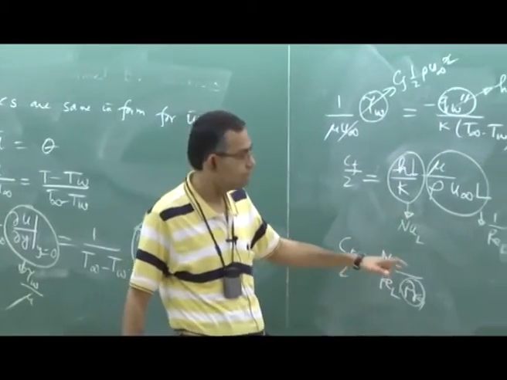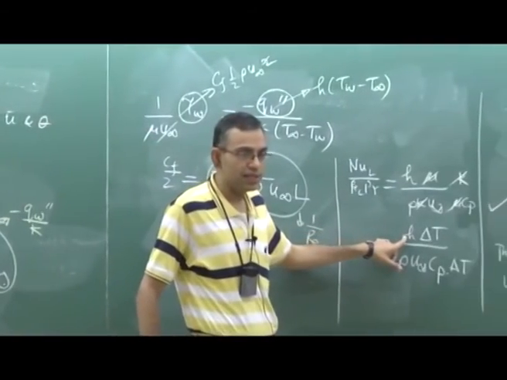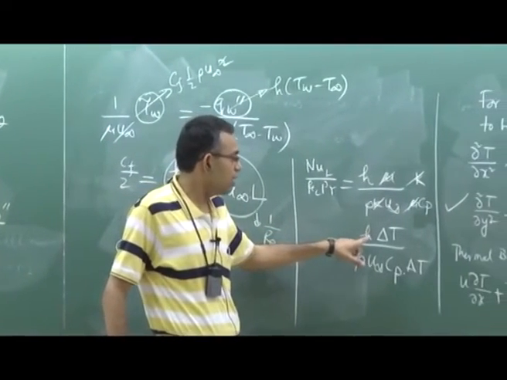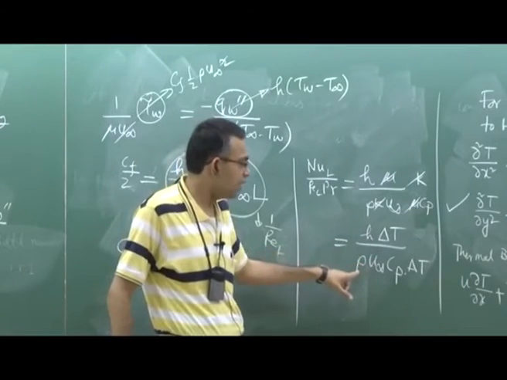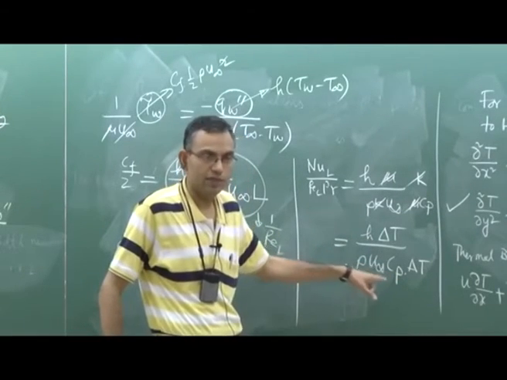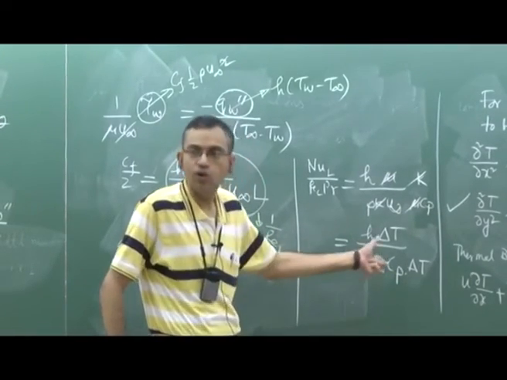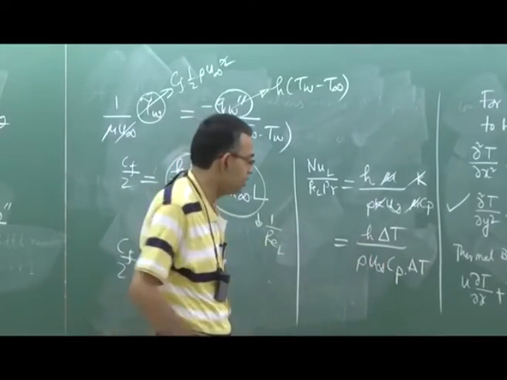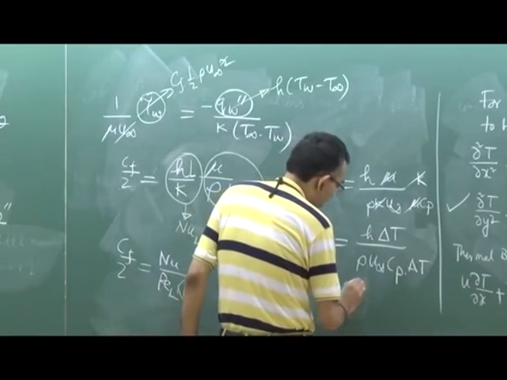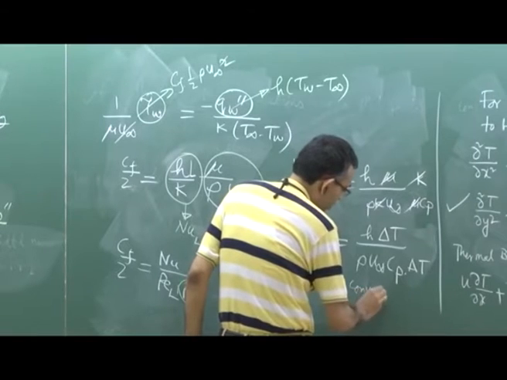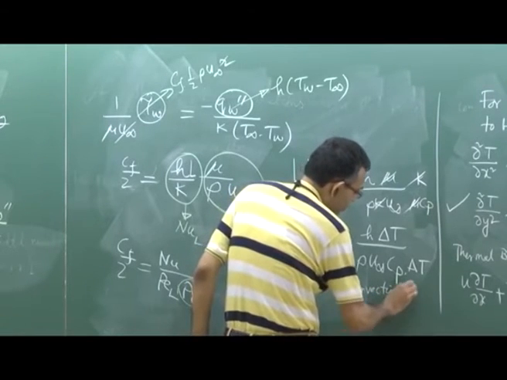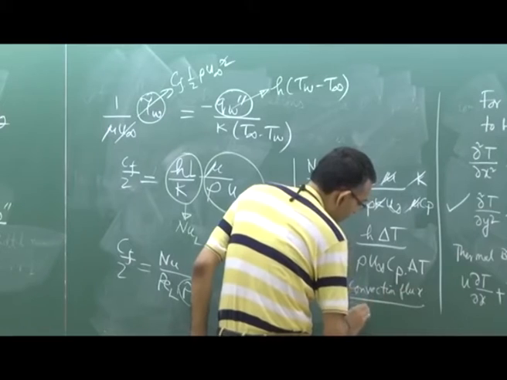What is this? This is convection heat flux and this is axial advection. This is heat transfer due to fluid flow along x direction. So you can say convection flux by axial advection flux.